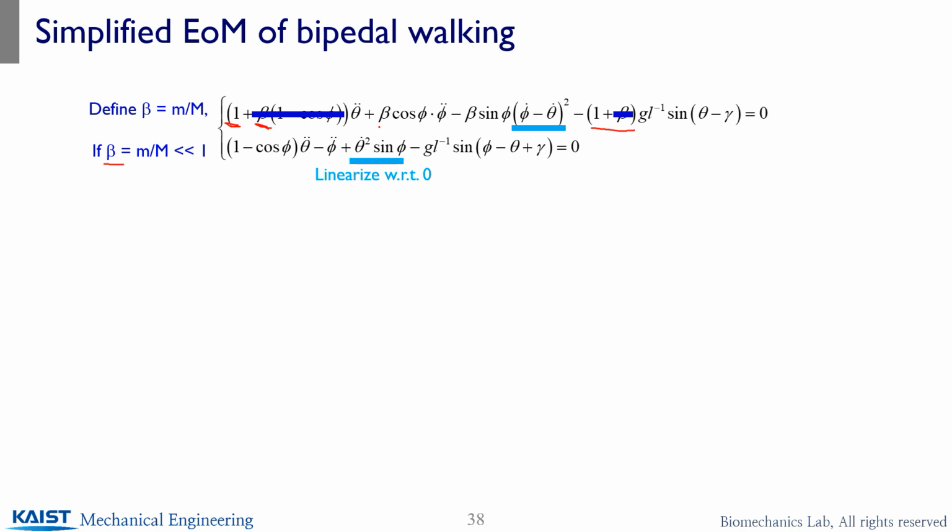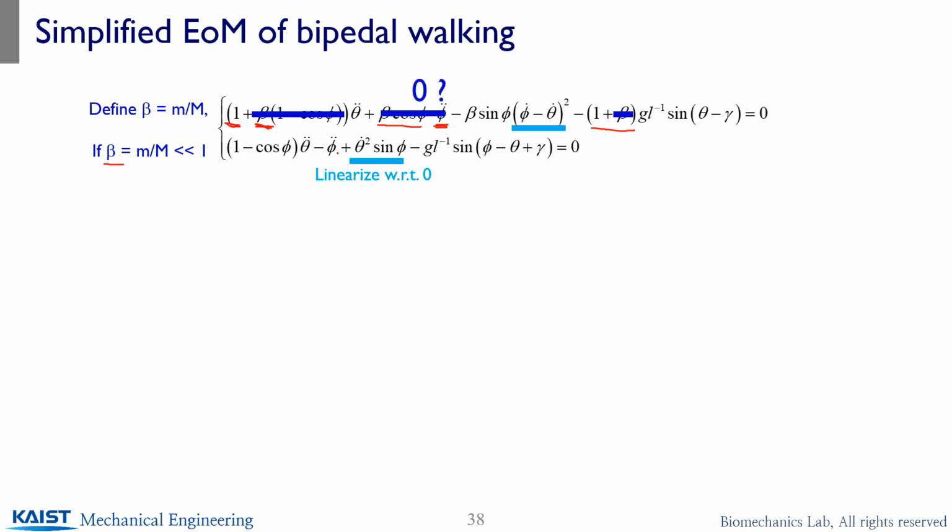Okay, what else? Here we have beta multiplied by the phi double dot. So since beta is really small, can I just assume this one is 0? Well, you have to be cautious about just ignoring this because you never know what the order of magnitude of this theta double dot is. So when you ignore those small beta terms, you should also always compare the relative order of magnitude of the beta contribution in the equation.